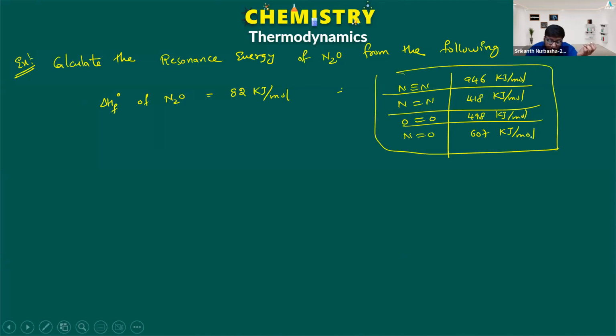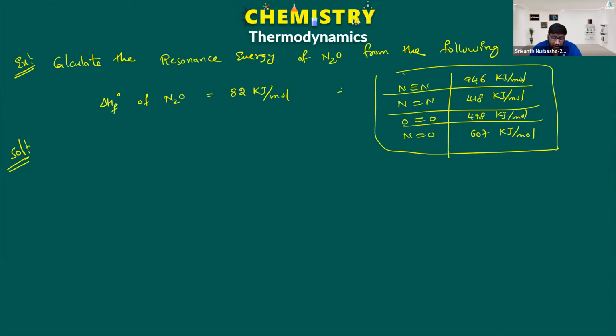Calculate the resonance energy of N2O from the following data. Delta H naught of N2O is given as 82 kilojoule per mole. So we know this formula, that resonance energy is nothing but the difference between the resonance hybrid and the most stable resonating structure.